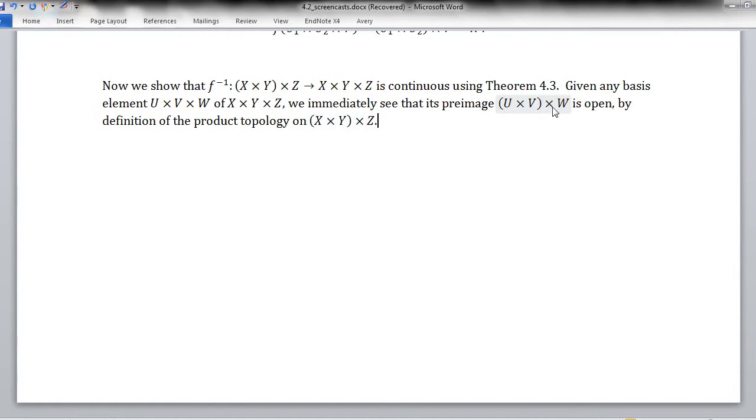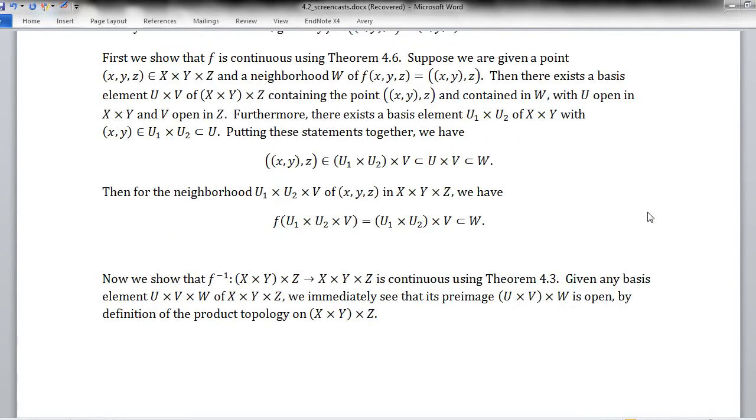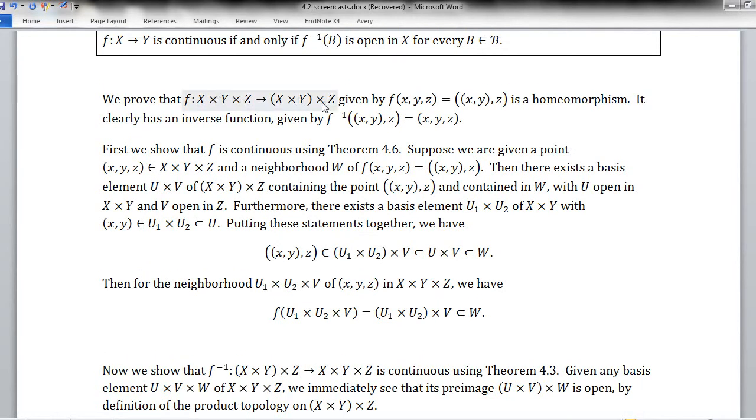Okay, and then we have to multiply that open set by some open subset of z, which w is. Good. So we took a base element of our target, and the preimage ends up being a base element in this case of the domain. And so we've checked the condition in theorem 4.3. Good. So that finishes the proof that these two spaces are homeomorphic.